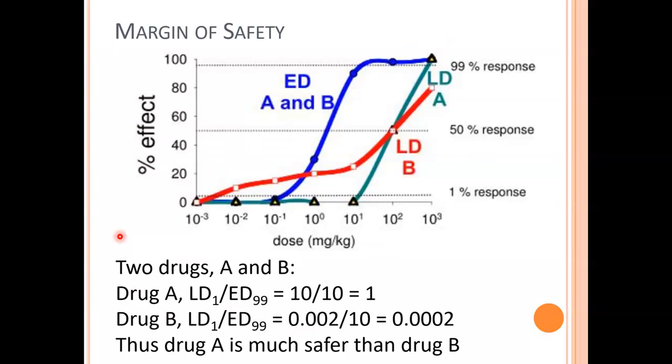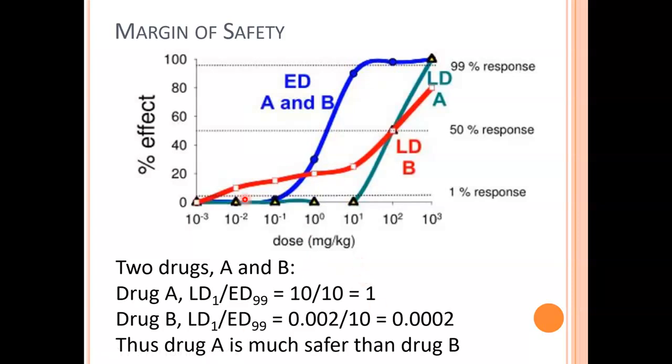Okay, so a margin of safety. Here we have two drugs. Drug A, shown here in the turquoise, I think, and drug B, shown here in the red. And here is both A and B together. The effectiveness of the drug is the blue one, and they both have the same effectiveness. There is, however, a difference in their lethality.